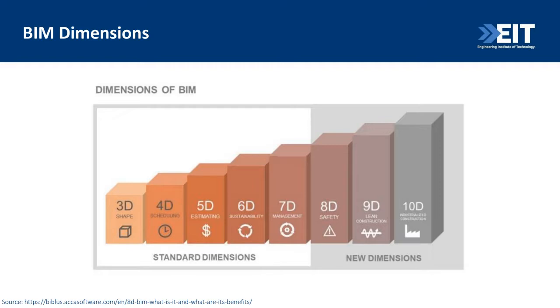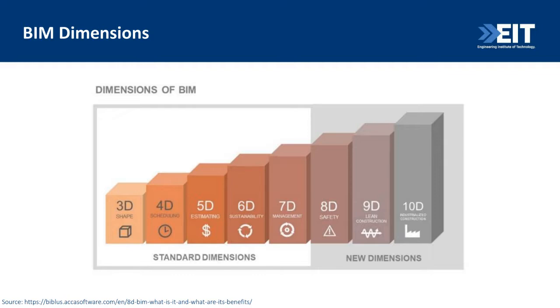And finally, we have the 7D BIM, which is the process that enables professionals to keep track of critical asset data, such as warranty information, technical specifications, maintenance manuals, operation manuals. So this dimension is related to facility management, okay?